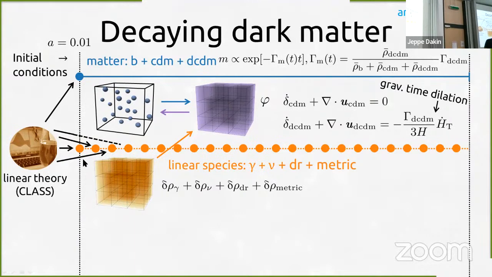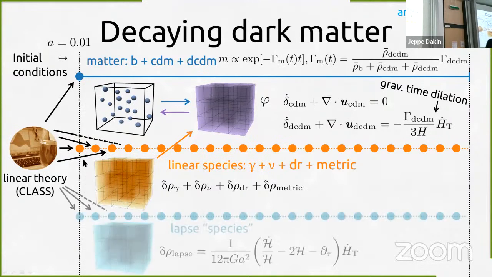And this, at first, seems very hard to implement, but we can just use the exact same trick as with the metric. Now we just invent a new species called the lapse species, whose Newtonian gravity implements this time dilation. It's super magical that you can do this, but you can.